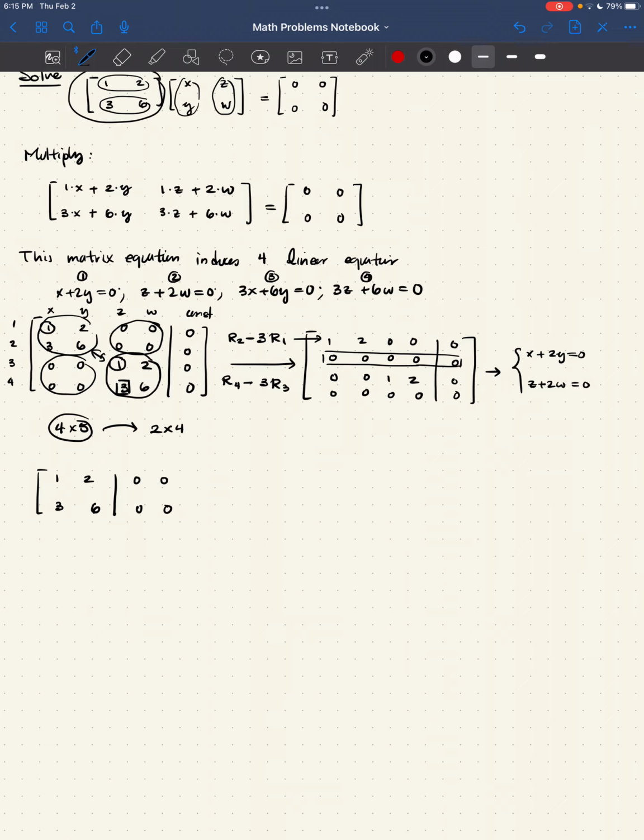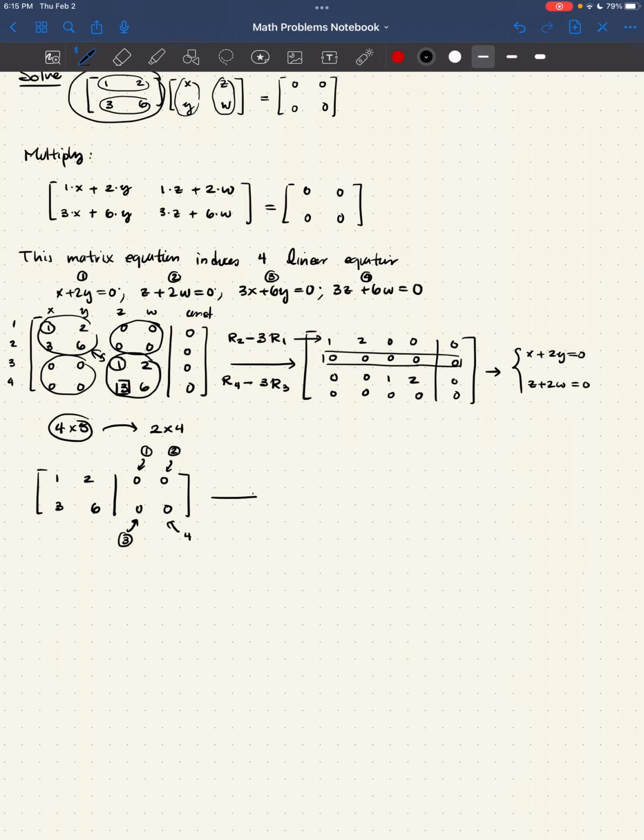You may say, hey, wait, what's going on? Well, whatever equation we have associated with the first should be obtained from this entry. The other one, the second, obtained from here. The third from here, and the fourth one from here.